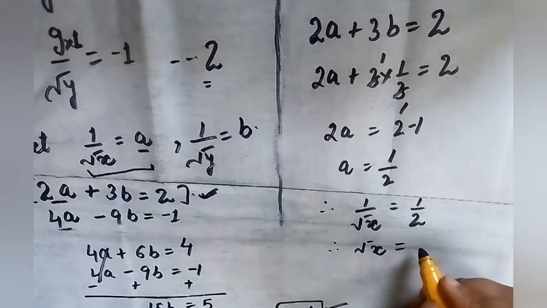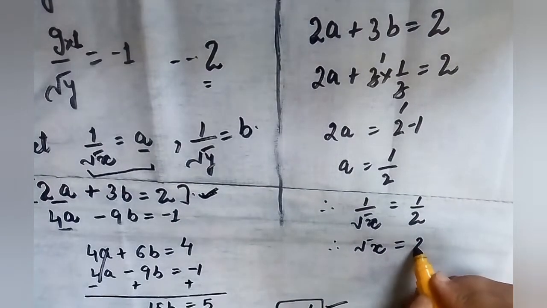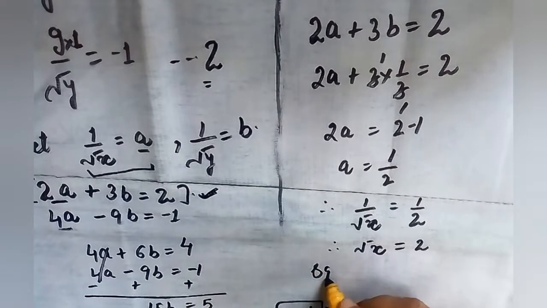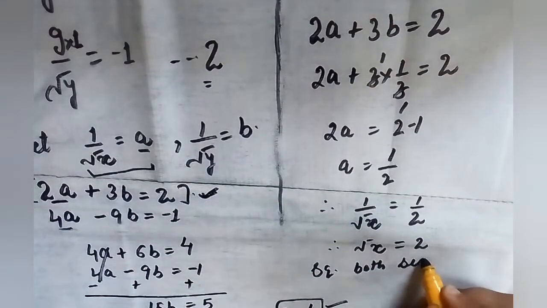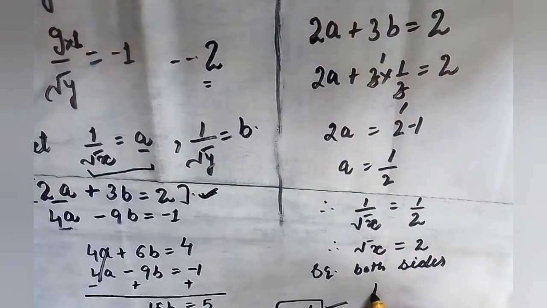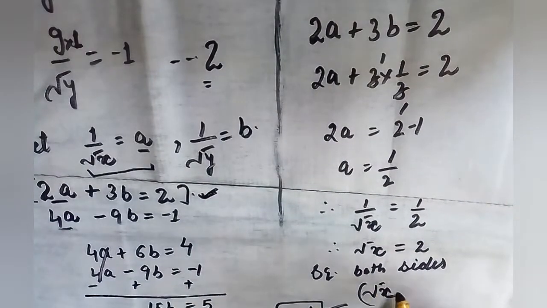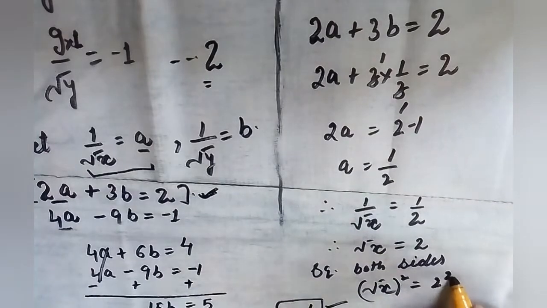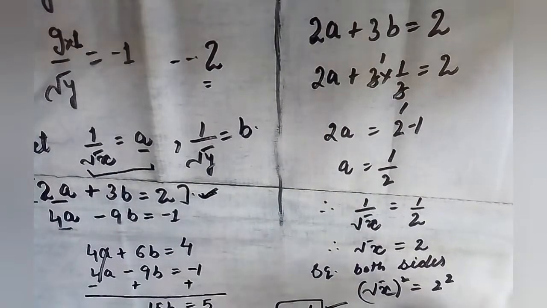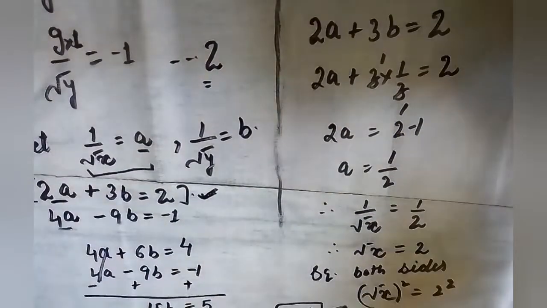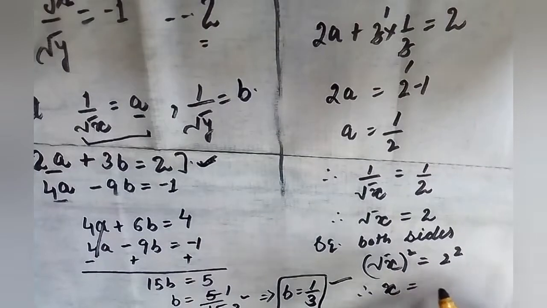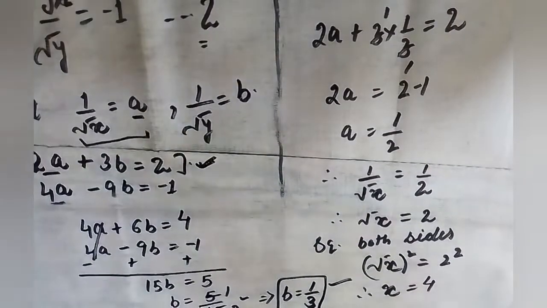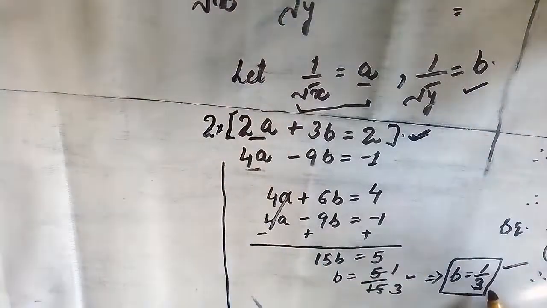Square root of x will be equal to 2, or you can cross multiply them, the same value will come. Now squaring both sides, square root of x whole square will be equal to 2 square, and then the value of x will be 2 2s are 4. So this is the value of x.